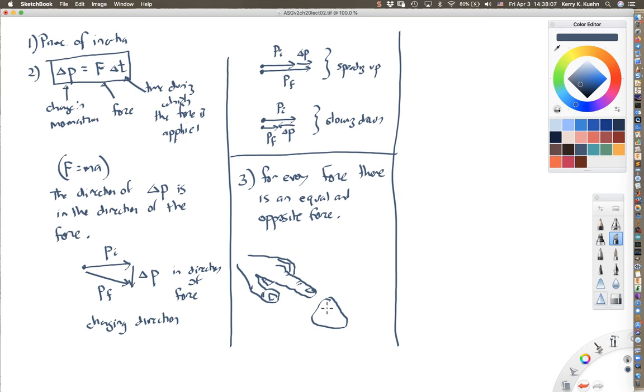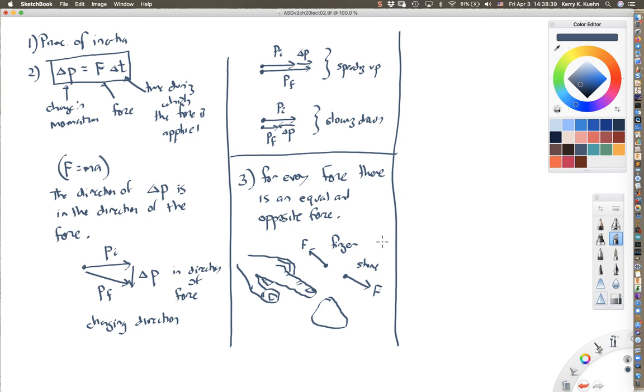If you represent your finger by a dot and the stone by a dot, we'll talk more about this later, but it's a simplification. This represents your finger schematically, and this represents the stone. If your finger pushes on the stone with a force in that direction, then the stone pushes back on your finger with the exact same force, but in the opposite direction.